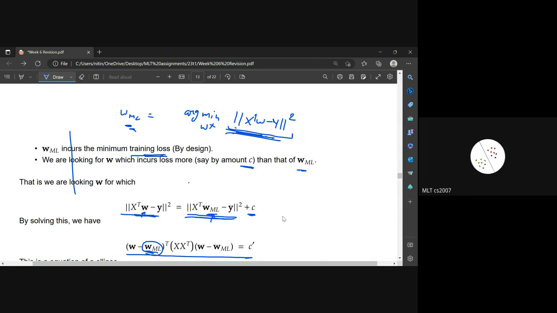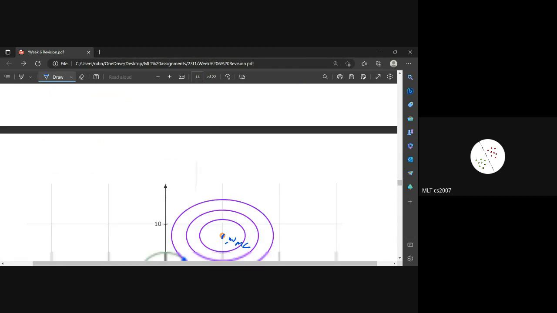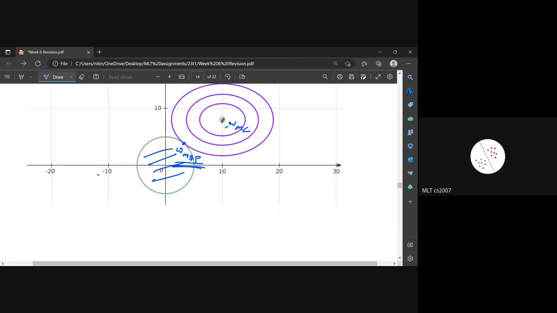So let's assume the loss for the W we are looking for is more by some amount C. And we solve this equation, we get this particular equation, and this is an ellipse in two-dimensional space if you take W as a two-dimensional vector, right? So that's how we get the position of WMAP. It's going to be on the circumference of this set.